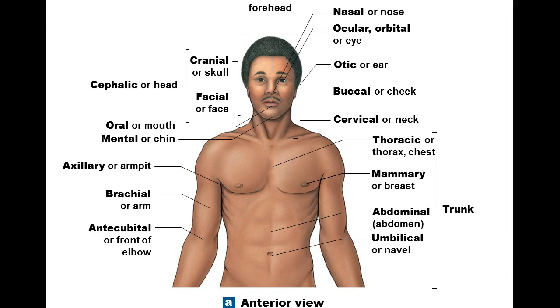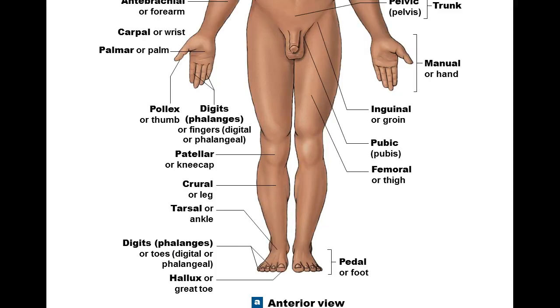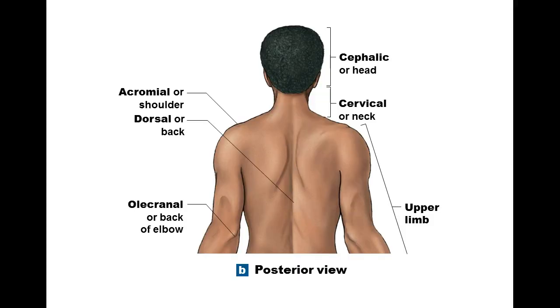So they are a matter of repeating them, and this image and the next one are both very useful with regard to putting that word together with where you find it in the body, and that's more you just hanging out with this particular image and getting this information in your head to help you to understand and comprehend what you're reading going forward. Also to talk to other people who are in the healthcare field.